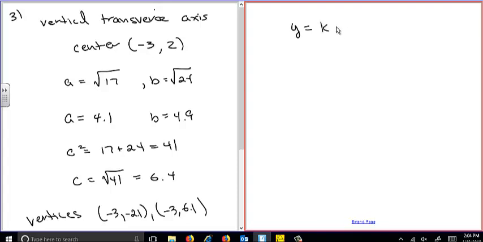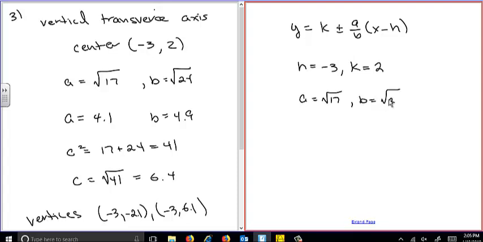That's y is equal to k plus or minus a over b times (x minus h). So what do we know? We know h equals -3, k is equal to 2. That's from the coordinates of the center. a is equal to the square root of 17. b is equal to the square root of 24.